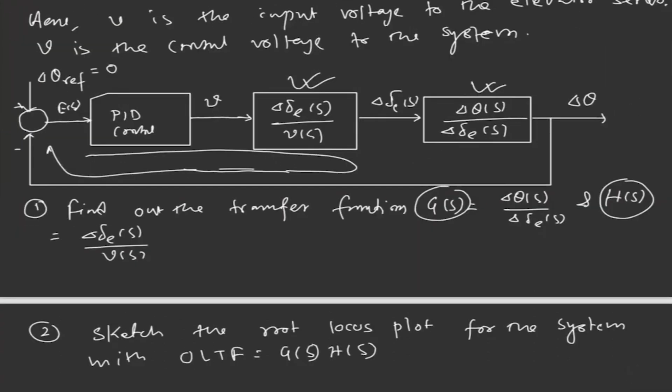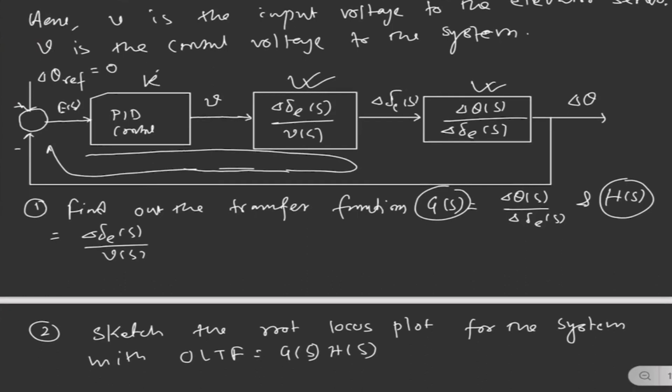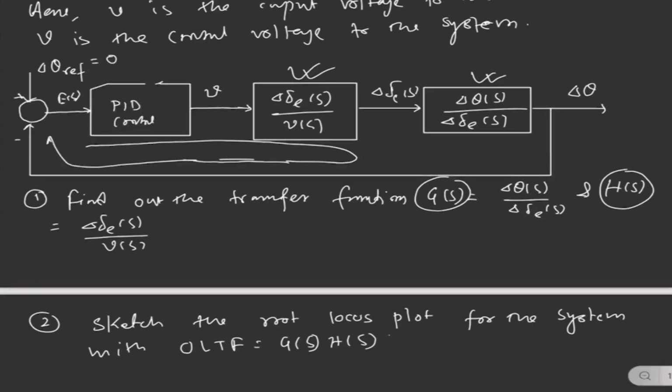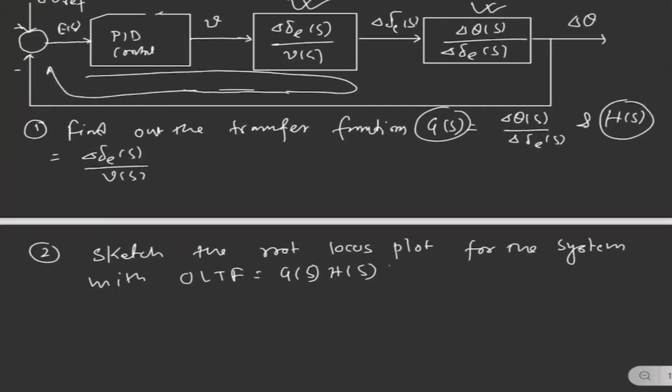For designing the root locus, we'll consider one gain at a time. If K is the gain of the PID control, we will multiply K also here. So that part we will discuss later. For the time being, these are the two transfer functions we have, and this is the OLTF.